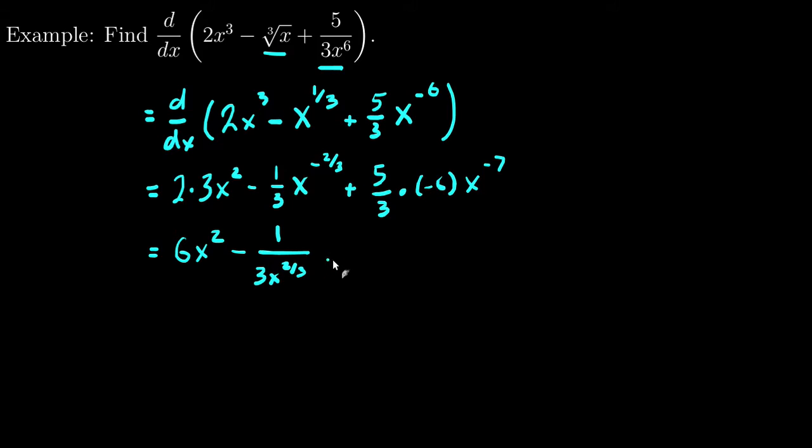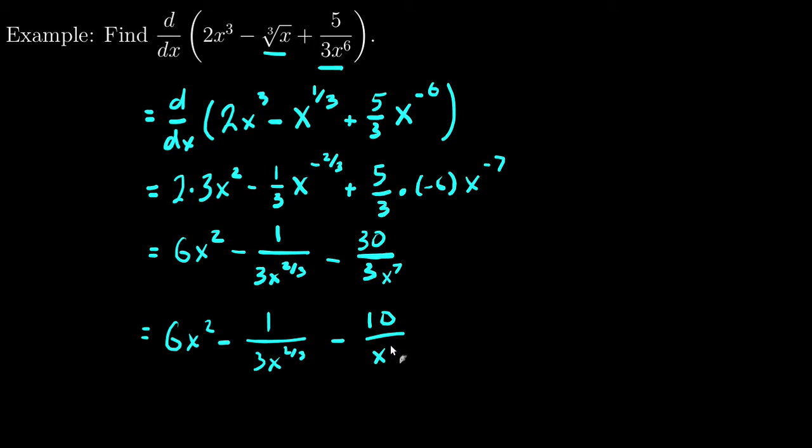So I will get a minus 6 times 5 is 30, so 30 over 3. And I will send the x to the 7th to the bottom because it was a negative exponent. And one last thing, this fraction here reduces, so my final answer is going to be 6x squared minus 1 over 3x to the 2/3 minus 10 over x to the 7.